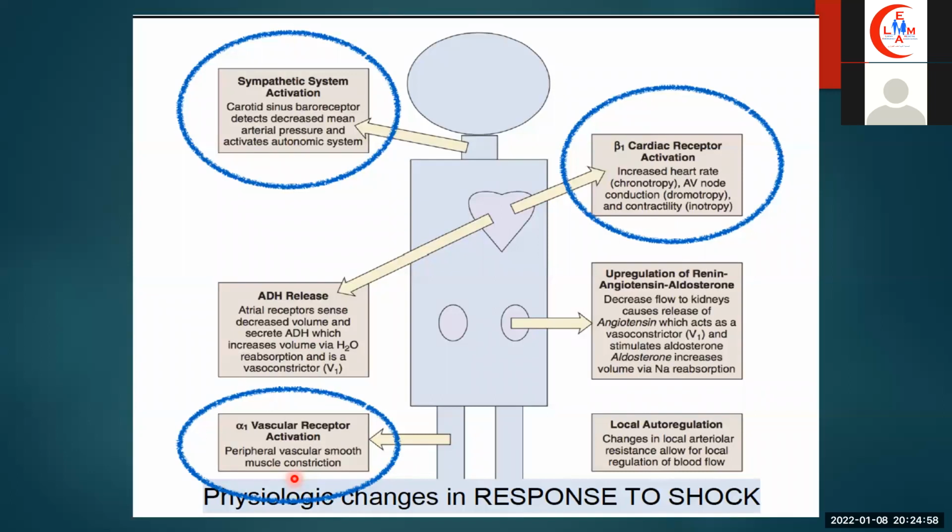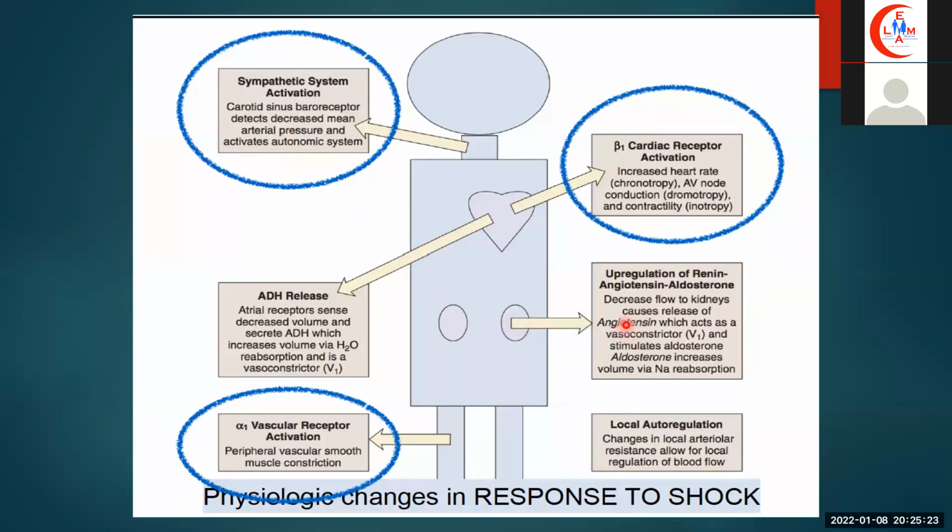The body tries to compensate by activation of the sympathetic system, increasing the release of adrenaline and noradrenaline, increasing the heart rate, increasing the contractility of the heart, and causing vasoconstriction. Also, there are other factors. When there is decreased blood flow to the kidneys, what will happen?